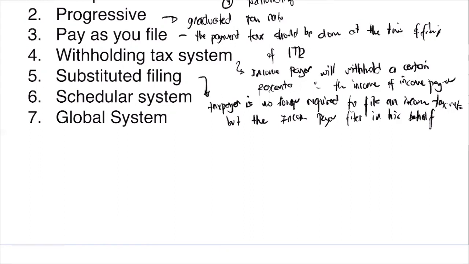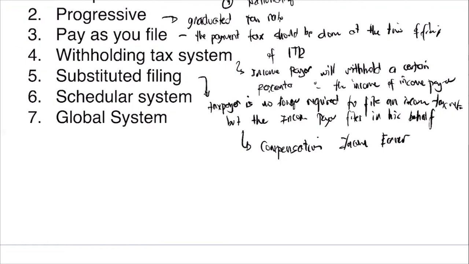So what happens here in the substituted filing, the income payer is the one who files the income tax return and also pays the income tax. This happens only for compensation income earner. So what is this compensation income earner?